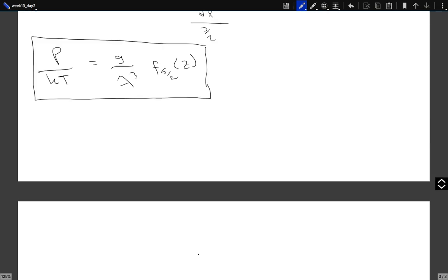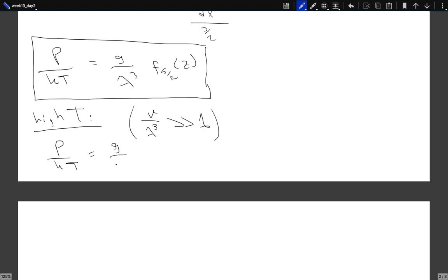Now for the high temperature limit, well, you see basically the definition of the high temperature limit is that V over lambda cube, at high temperature lambda is very small, so this should be much, much larger than 1. This is the definition of the high temperature limit. Now P over kT is just g over lambda cube times f 5/2 of z.